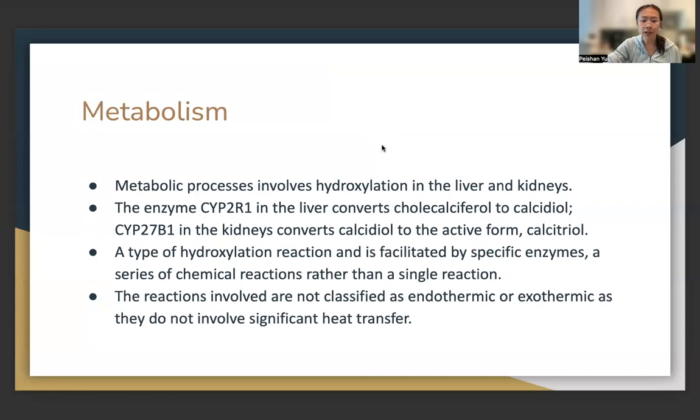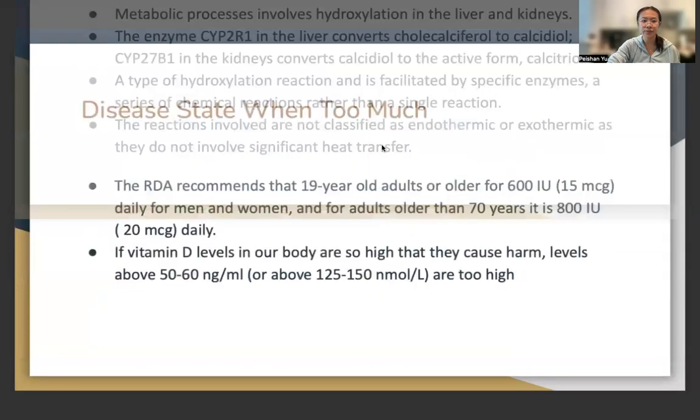A type of hydroxylation reaction is facilitated by specific enzymes, a series of chemical reactions rather than a single reaction. The reactions involved are not classified as endothermic or exothermic, as they do not involve significant heat transfer.